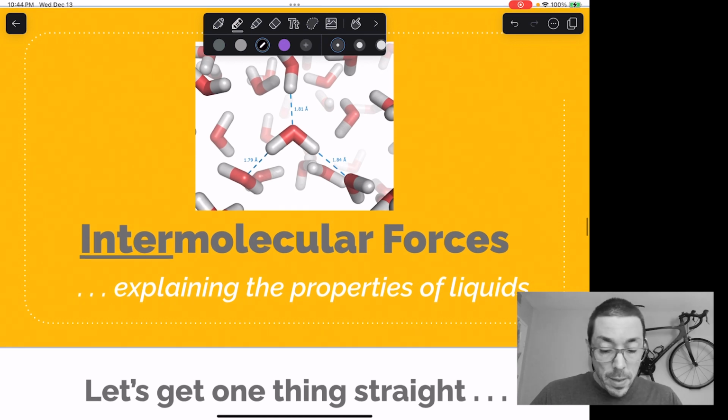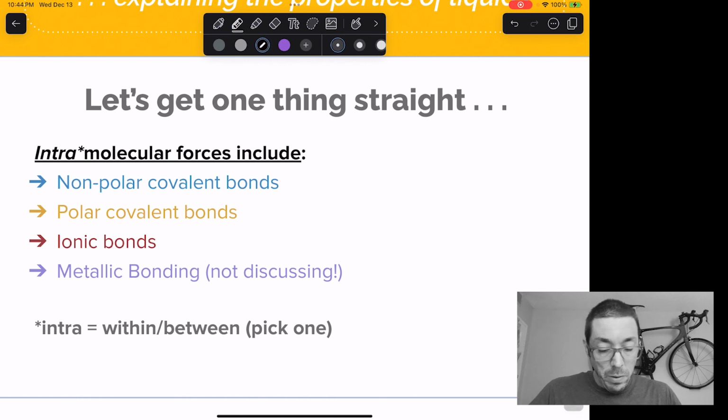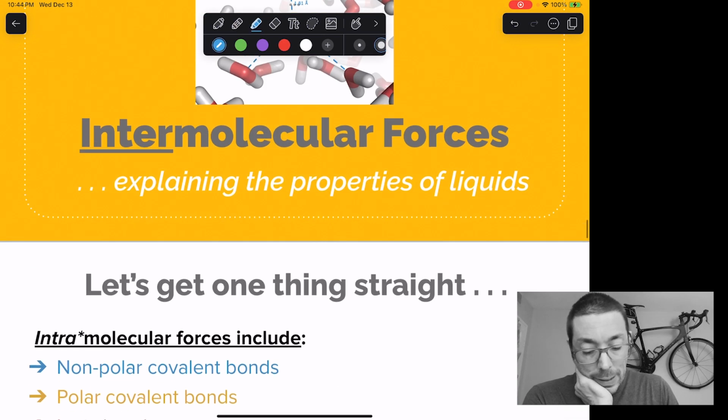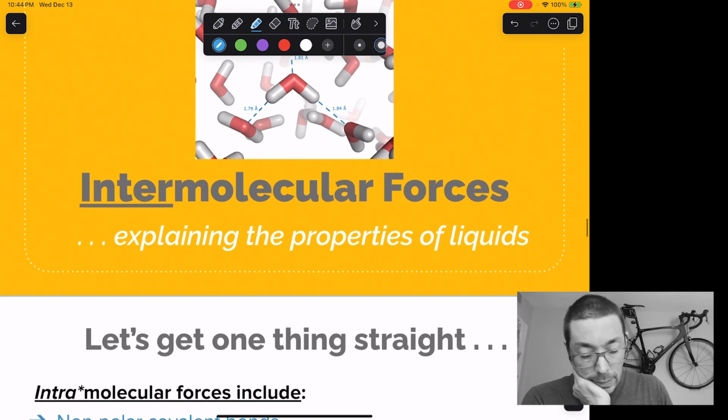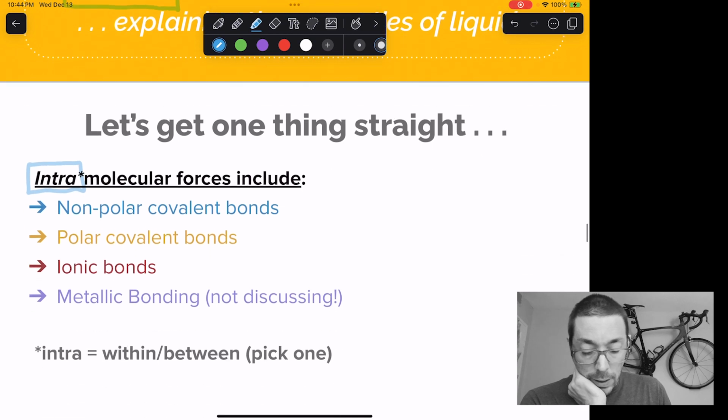So the first thing we want to do is understand the difference between intermolecular and intramolecular. They sound similar, but they are very different. So intra means within, inside, or between.